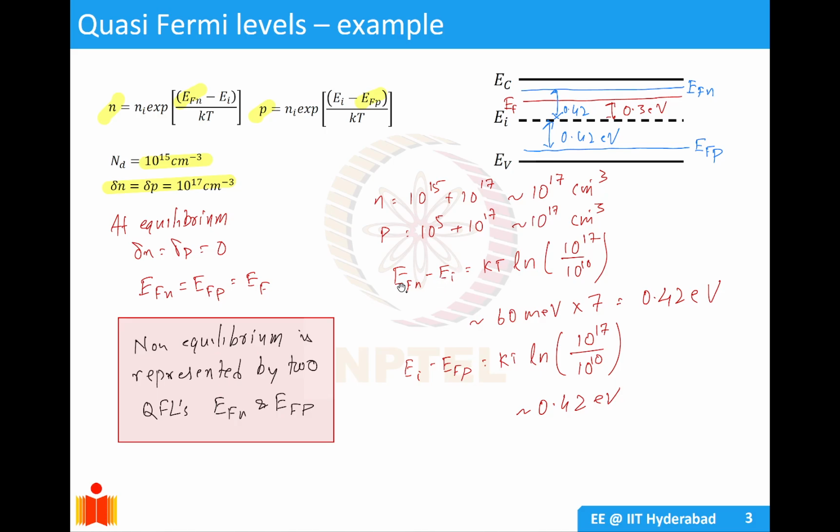If you calculate EFN minus Ei, which is kT ln(n by ni), that comes out to around 0.42 eV. Similarly, Ei minus EFP comes out to be around 0.42 eV. So your EFN is 0.42 eV above the mid gap, and your EFP is 0.42 eV below the mid gap. This was your Fermi level at equilibrium, and these are your new quasi Fermi levels for this injection.